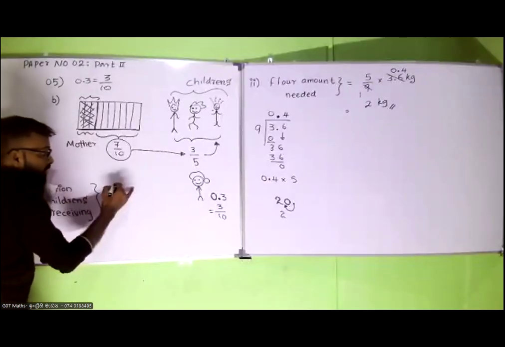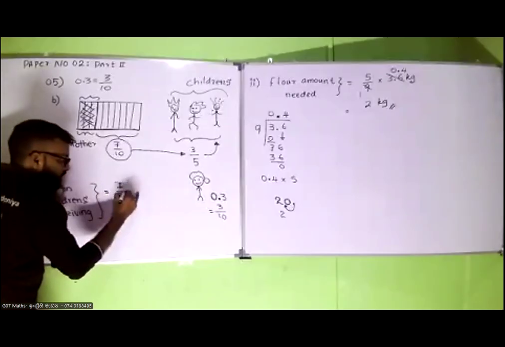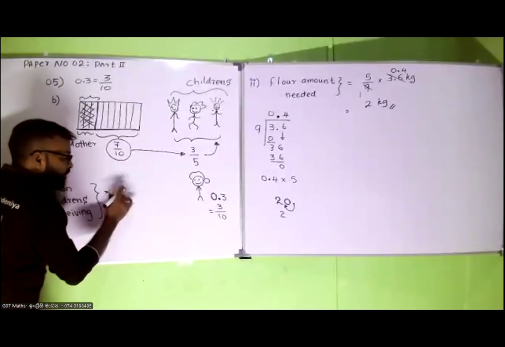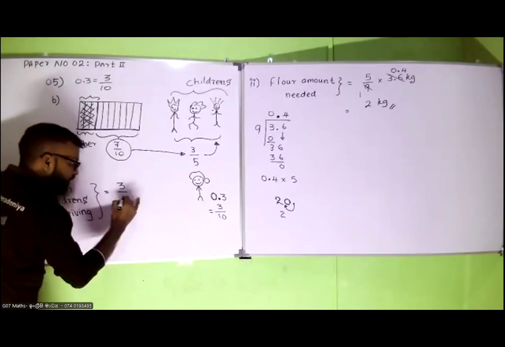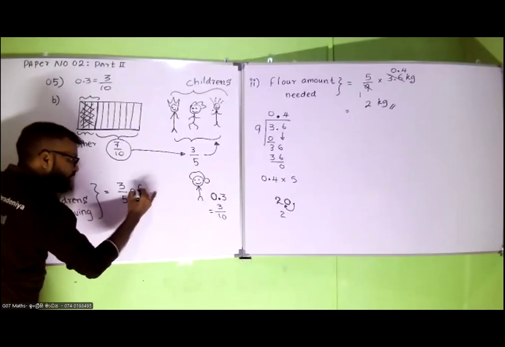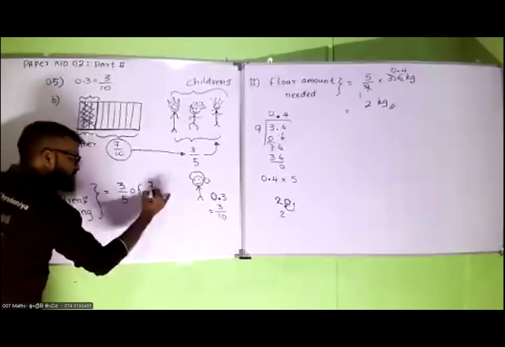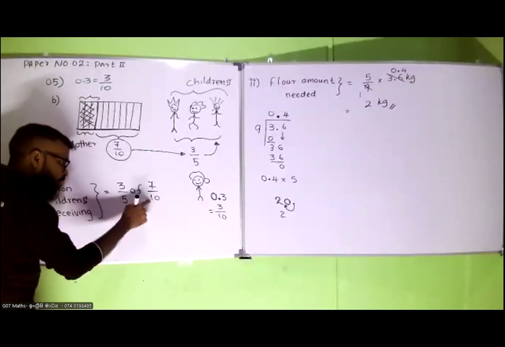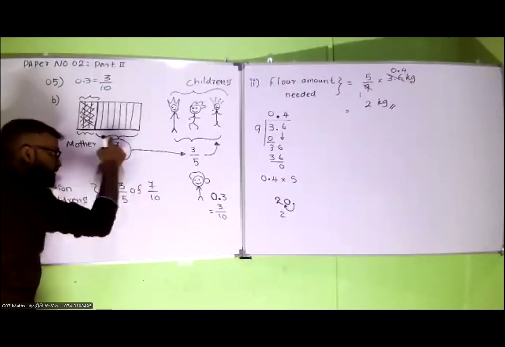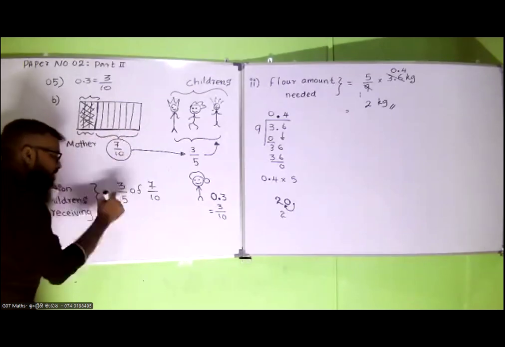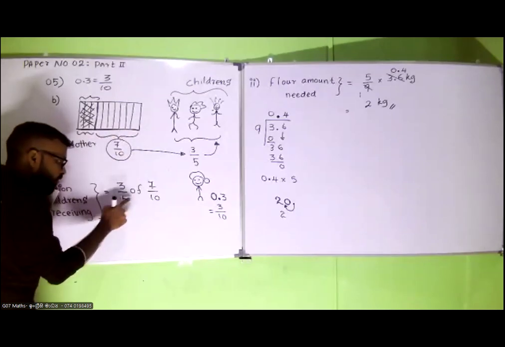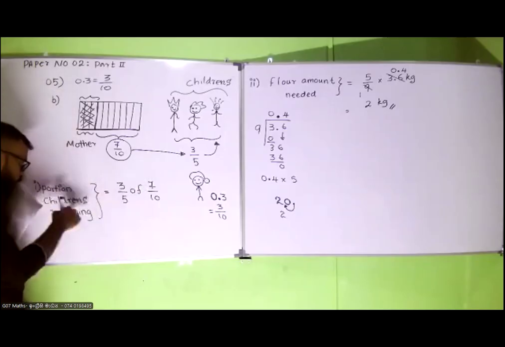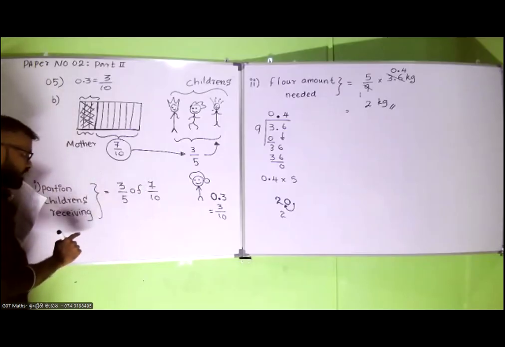So we have to calculate 3 upon 5 of 7 upon 10, the remaining part, given to the children.